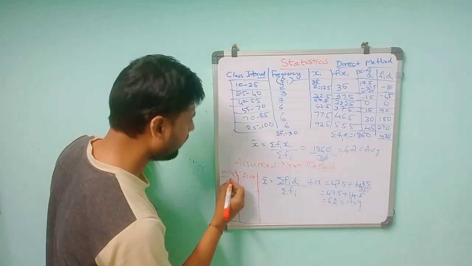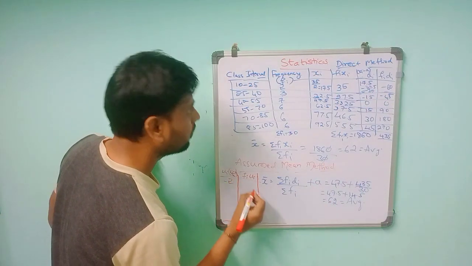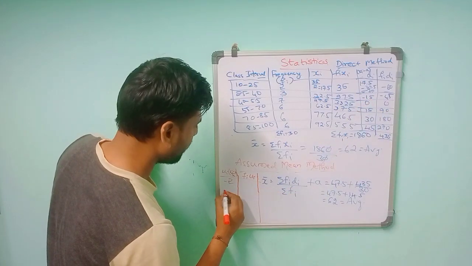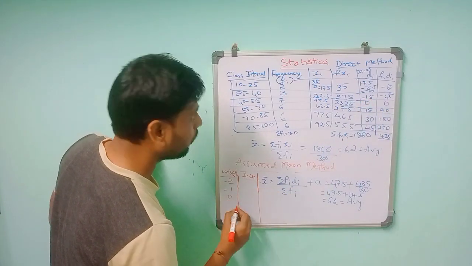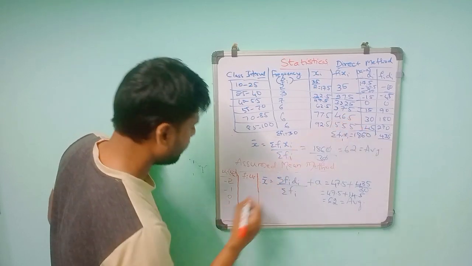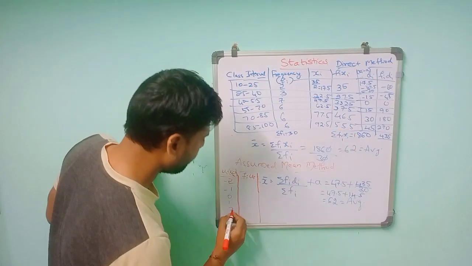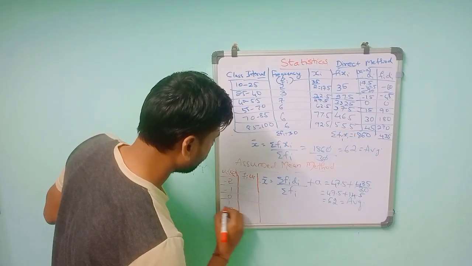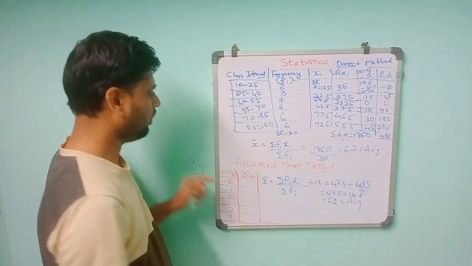So minus 30 by 15 will give minus 2. Then minus 15 divided by 15 will give minus 1. 0 divided by 15 is 0. Then 15 by 15 is 1, then 30 by 15 is 2, then 45 by 15 is 3. So minus 2, minus 1, 0, 1, 2, 3. So we got this answer.